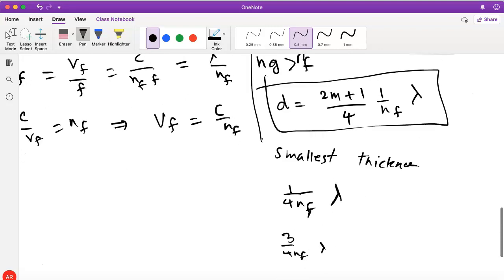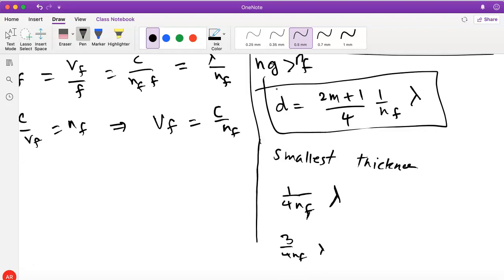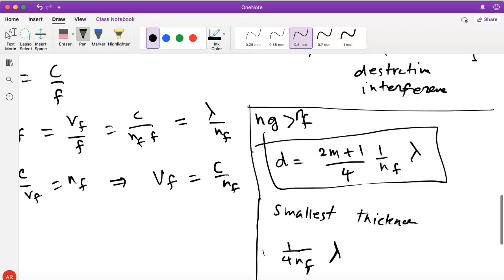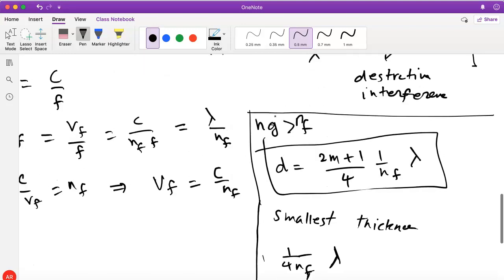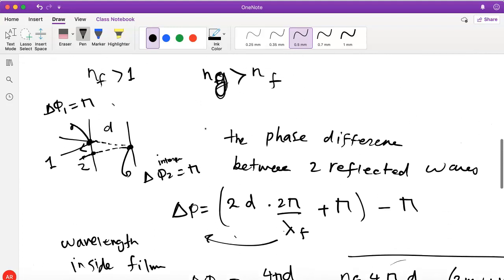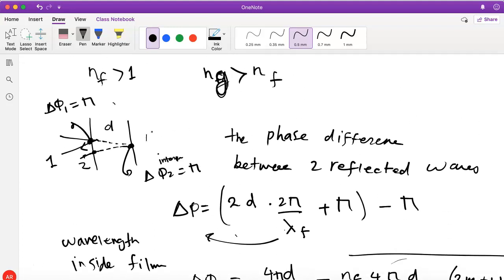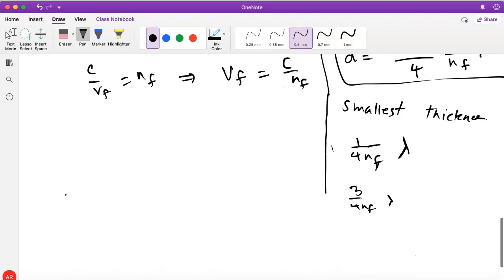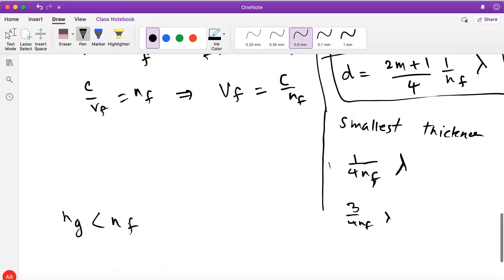All right, so that's a good application. So notice that NG doesn't appear here, right? The answer, the thickness, is just a function of NF and lambda. But of course, we had the assumption that NG is larger than NF. So here at this second interface, we have a phase shift of pi. And if you're in a situation where NG is smaller than NF, now what happens?